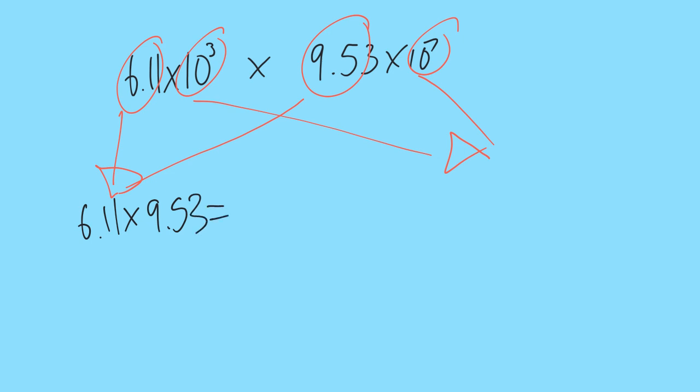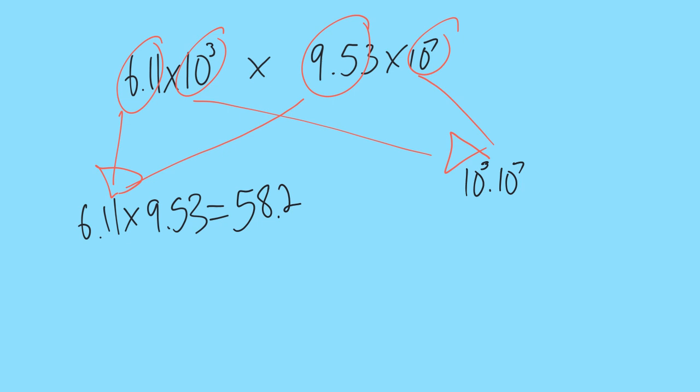Which yields 58.2. All right, we know the value, but we don't know how big this value truly is. So now what we need to do is come over here. So 10 to the third times 10 to the 7th. Well, in the previous problem, we subtracted the exponents.